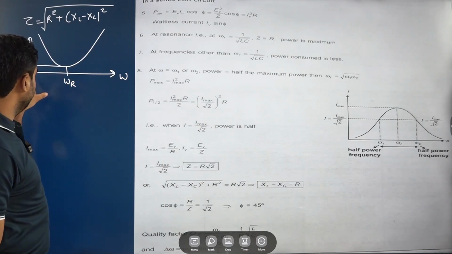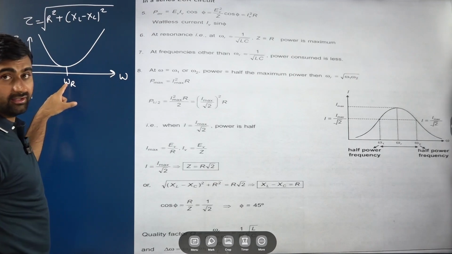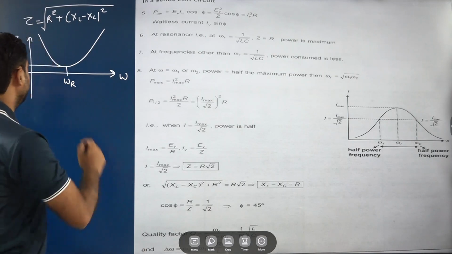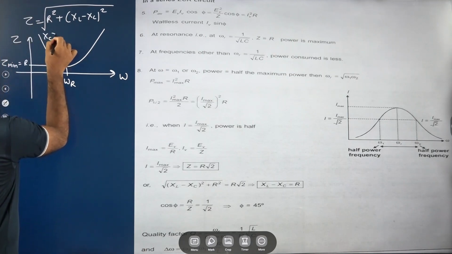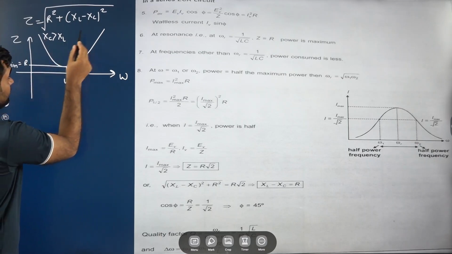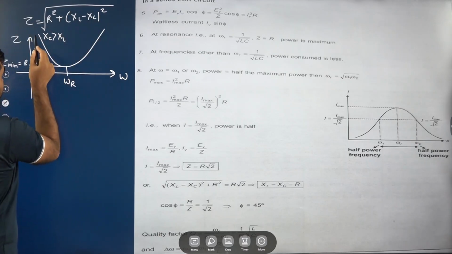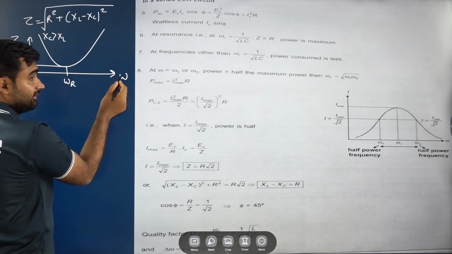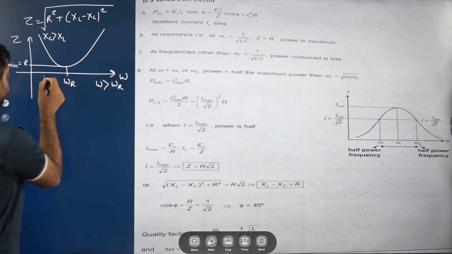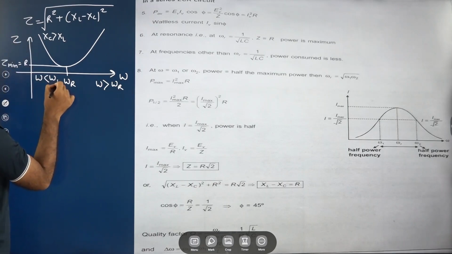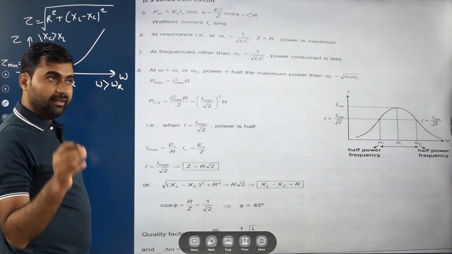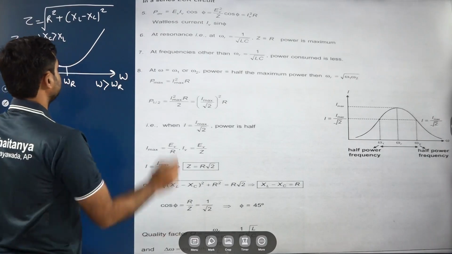On this side, the frequency is less than omega resonating, so Xc will be more than XL. As frequency decreases, the difference between them increases, so Z also increases. On the other side, omega is greater than omega R, so as frequency increases, XL is more than Xc.